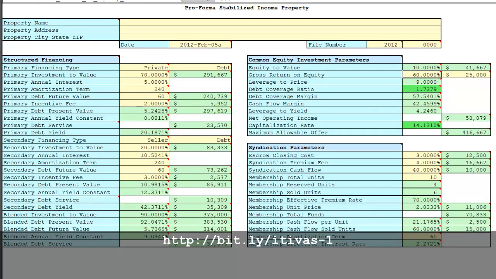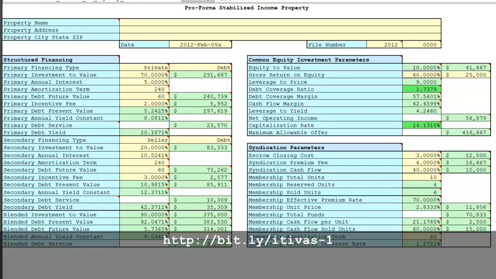This is why you cannot use comparable capitalization rates to value a property.